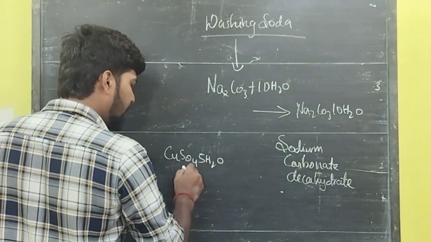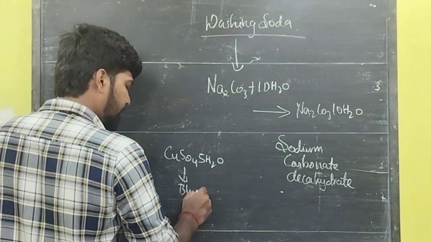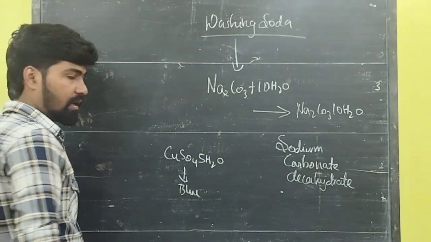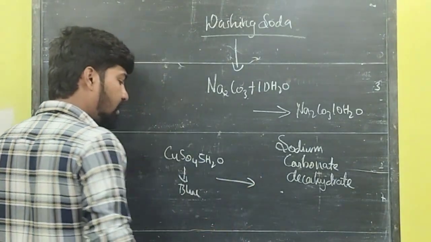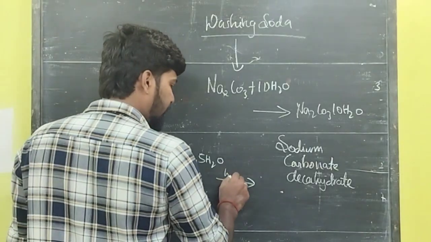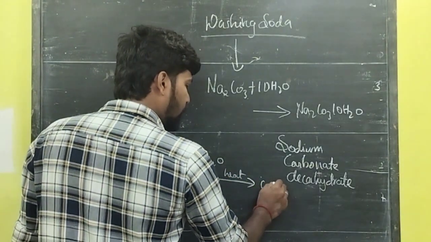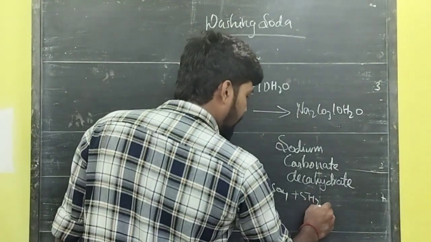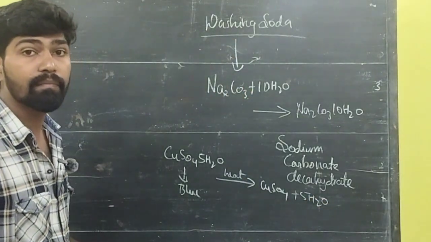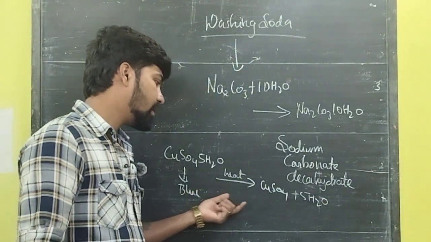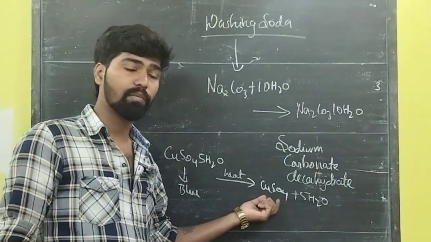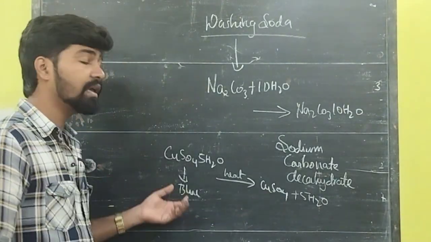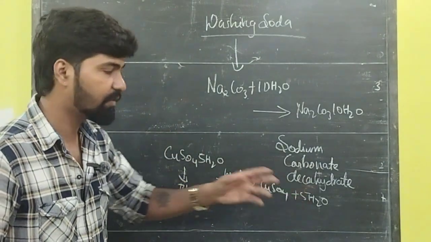I can give you one more example: CuSO4.5H2O, which is blue in color. When the water is present in the unit structure, it is water of crystallization, and it is blue. Once you heat it, what happens? CuSO4 is left and the 5 molecules of water, pentahydrate, are released, and the color changes from blue to colorless white.